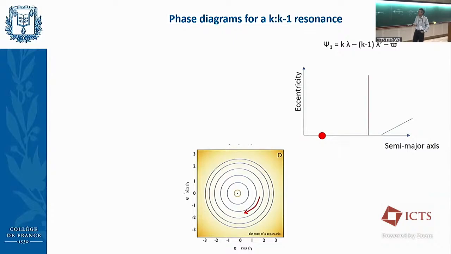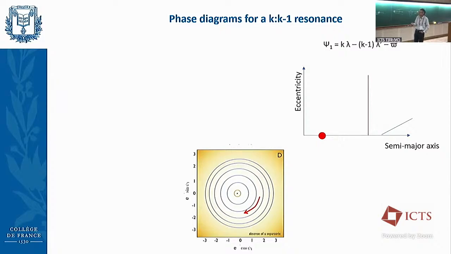Now let's try to go a little bit below. So we have seen that the dynamics occurs on these lines that are actually curves, not straight lines, but which are slanted in some major axis diagram. So we can try to represent the resonant dynamics going on this surface.